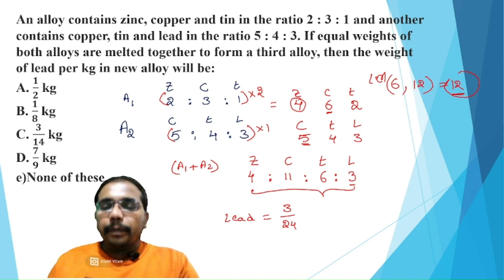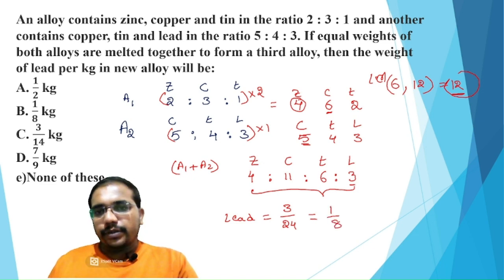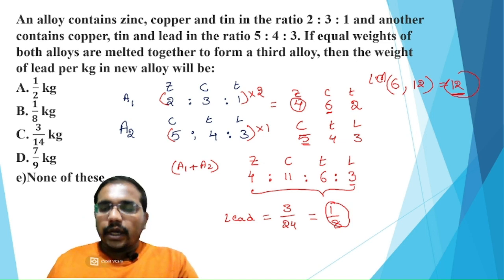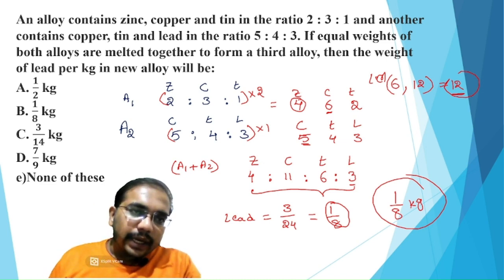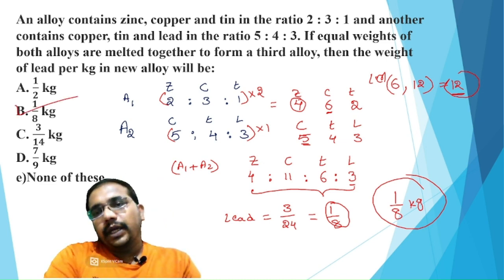But they are asking per kg, right? Per kg, 1 by 8 you will get the lead after mixing. So 1 by 8 of a kg. 1 kg they are asking. So the answer is what? 1 by 8 per kg. Clear or not clear?